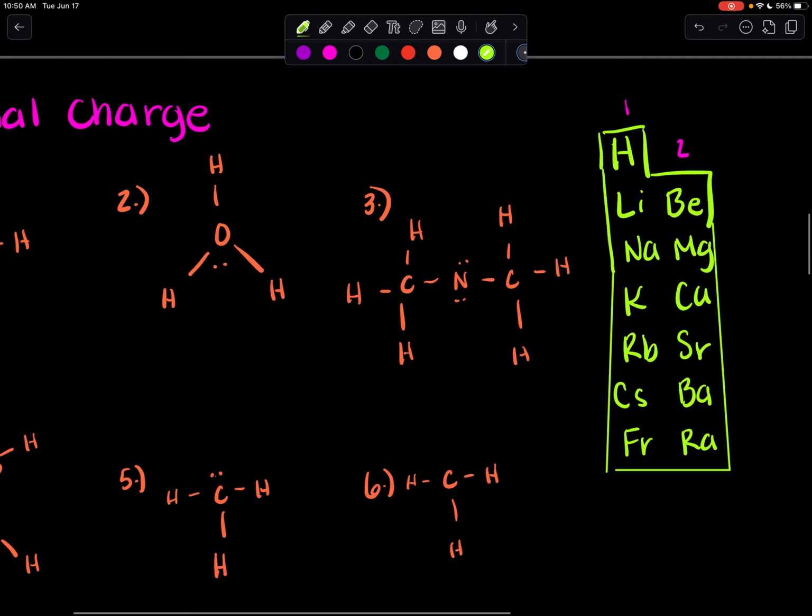Now let's look at our number 2. Hydrogens look okay, but let's double check that oxygen. If I were to count the individual electrons, remember that each bond, think of it as a tip, has 1 electron. So the ends of those bonds count as 1. So 1, 2, 3, 4, and 5.